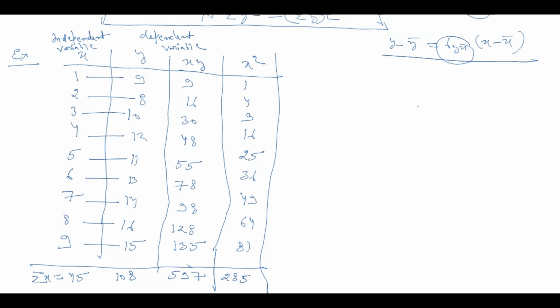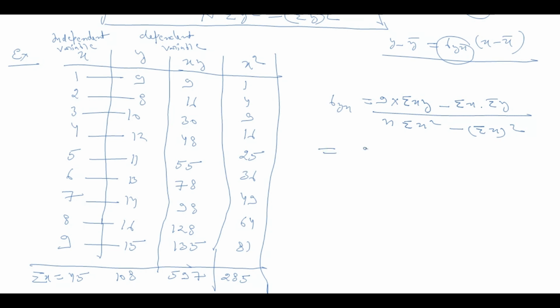Now let's put all these values in our equation. byx is equal to number of observations, 9, into sigma xy minus sigma x sigma y upon n sigma x square minus sigma x whole square.